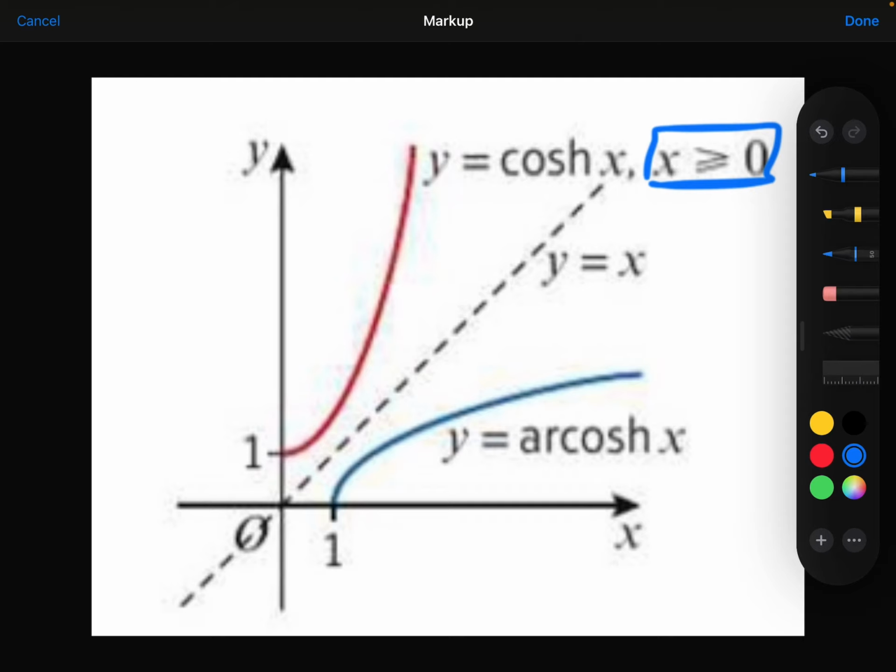So that now means that cosh is a one-to-one function, which means that its inverse will exist. So I can now reflect that in the line y equals x to get arcosh.